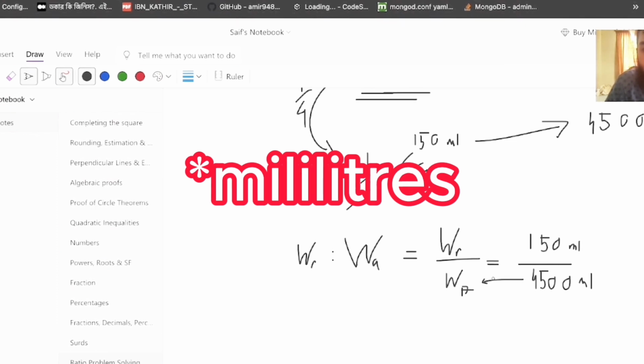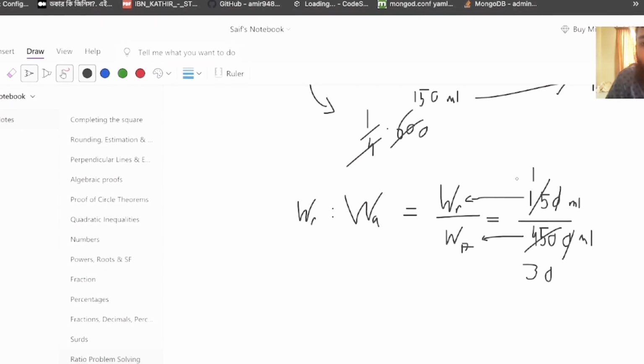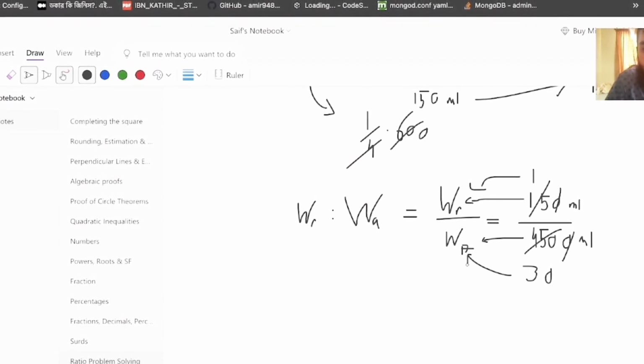So what is the ratio? If I cancel, I get 15 divided by 450, or 1/30. So for every 1 milliliter of wallpaper remover, 30 milliliters of water is used.